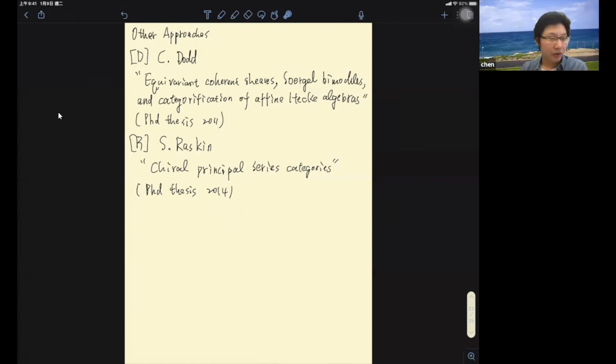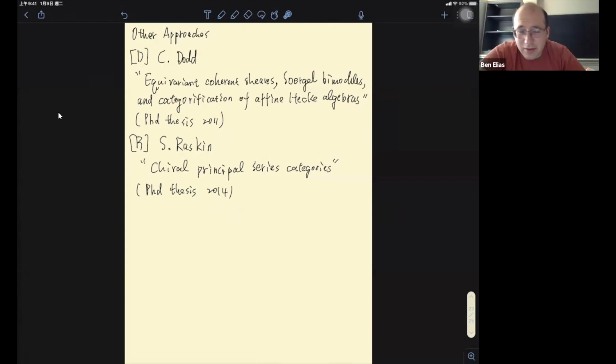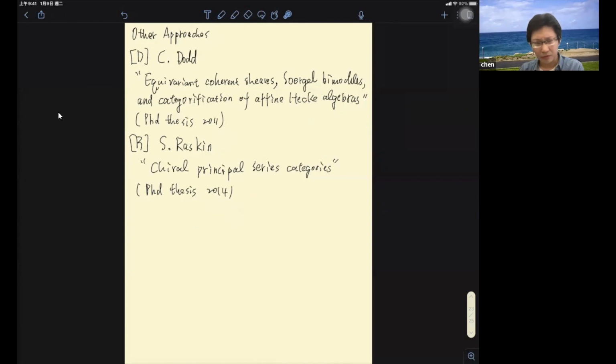Yes, so this part is very specific to this situation. For example, I have these general discussions in the first part. But in the last step I make some artificial assumption, that the functor satisfies some properties. This is the exact case for our situation, the affine flag, but I don't know in general.